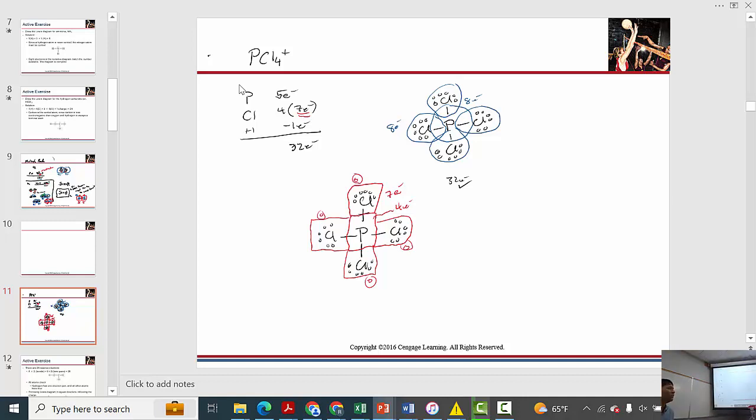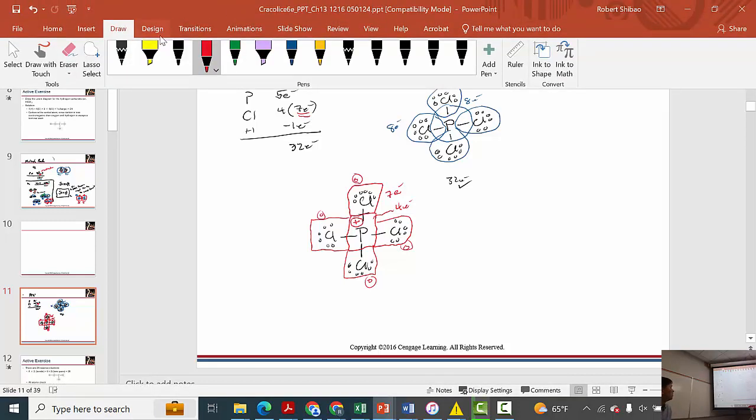But what happened to phosphorus? Phosphorus paid, let's say, $500, but did phosphorus get $500 back? No, phosphorus came out short. If it comes out short, does it get a positive charge or a negative charge? It actually gets a positive charge. That's why there's a plus, because phosphorus must have lost an electron.